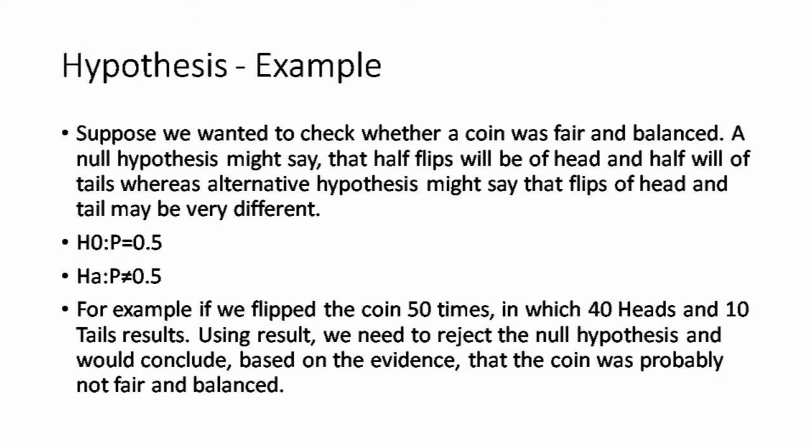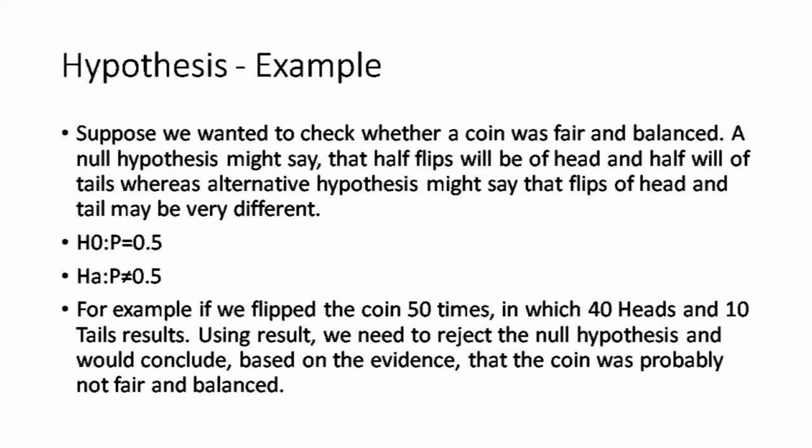So, in this example, the null hypothesis is that the population proportion of flipping of heads and tails are equal. That is, capital P is 0.5, whereas the alternative hypothesis is that the population proportion is not equal to 0.5.